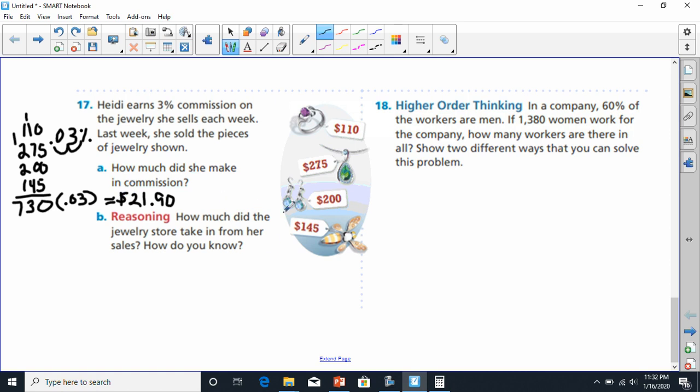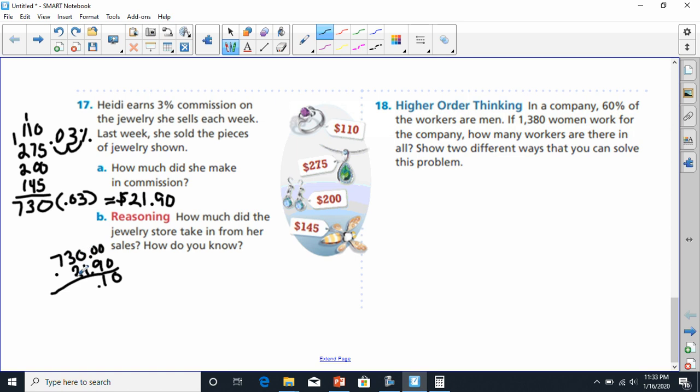How much did the jewelry store take in? Well, if she made $730 and she took in $21.90, let's see, this is going to be 1.